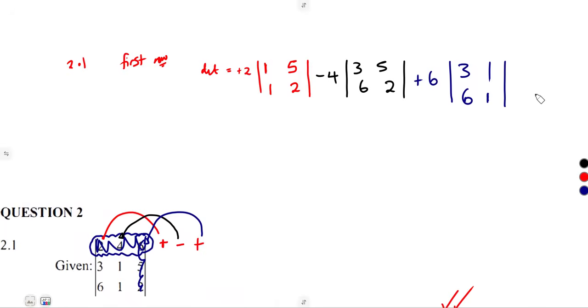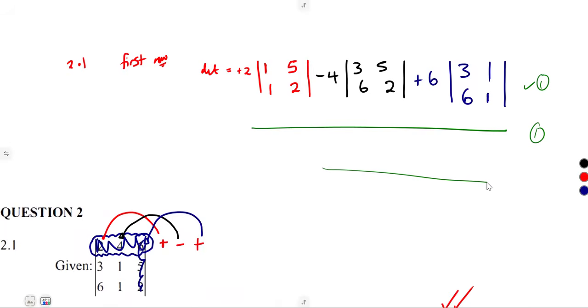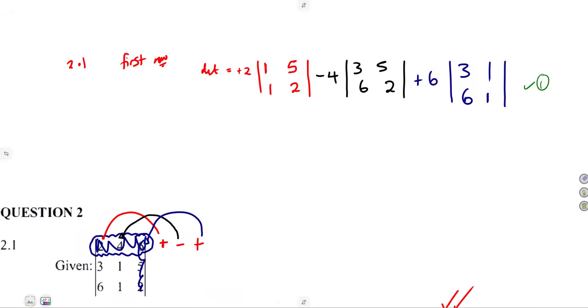So here let's say they give us a 1 for expanding the determinants, expanding them again, and the final answer. So let me just skip one step because of 4 marks. Here I'm not going to show, guys, 1 times 2 minus 1 times 5. No, that one I'm just going to write the final answer.